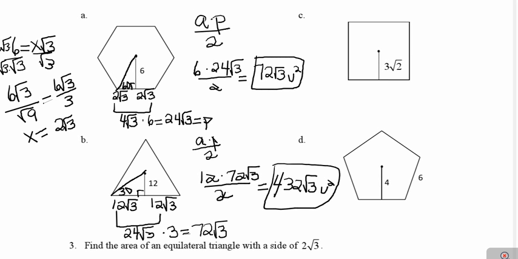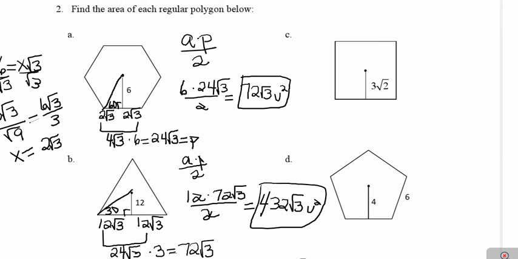Now going to letter C, I have a square, and I want to calculate out the area of this regular polygon. So if I use my regular polygon formula, I have the apothem times the perimeter divided by 2. If I draw the radius of my square, I know it bisects the angle, so this becomes a 45, 45, 90 right triangle.